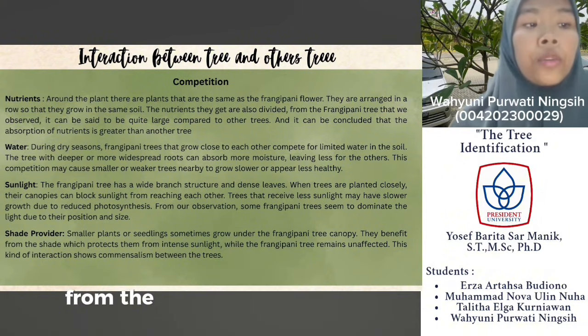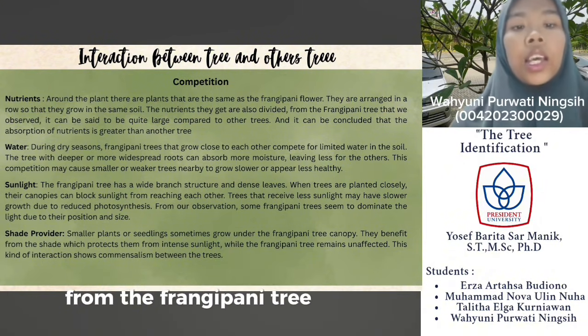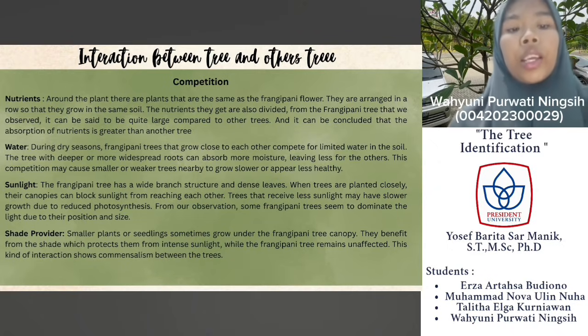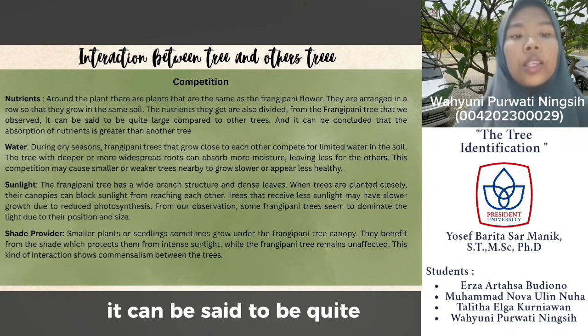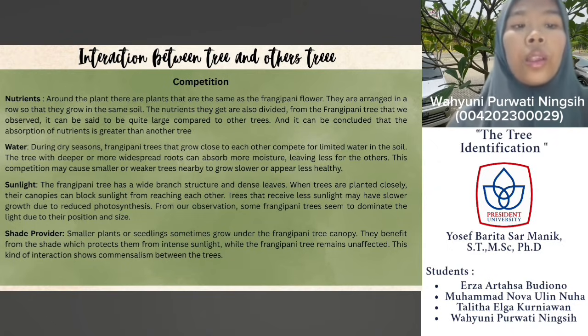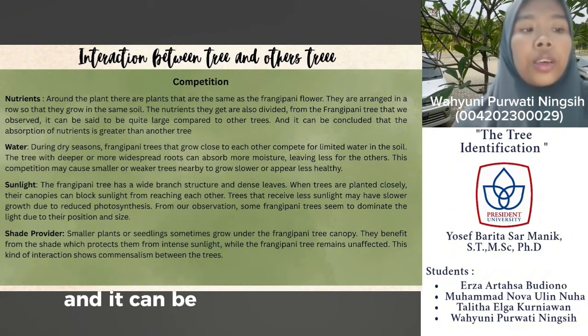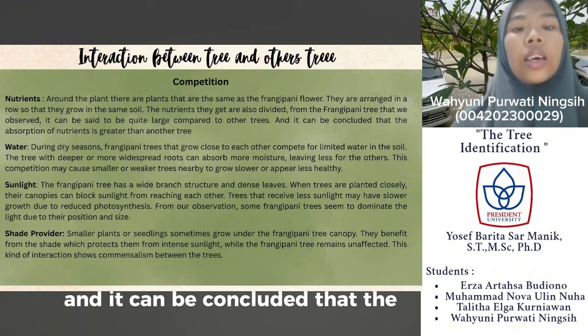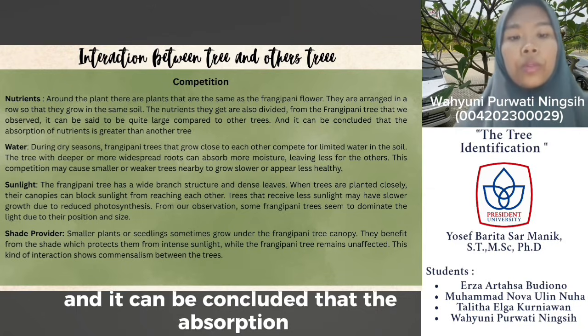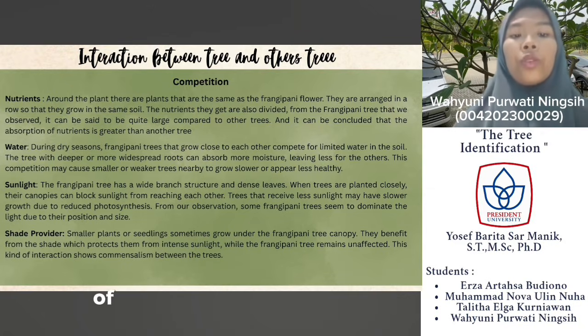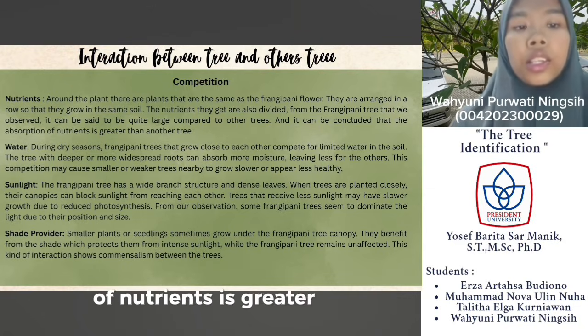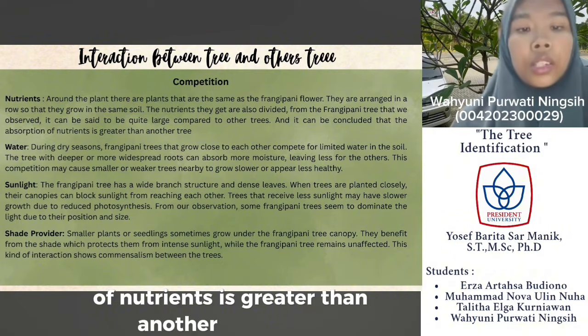From the frangipani tree that we observed, it can be said to be quite large compared to other trees, and it can be concluded that its absorption of nutrients is greater than another tree.